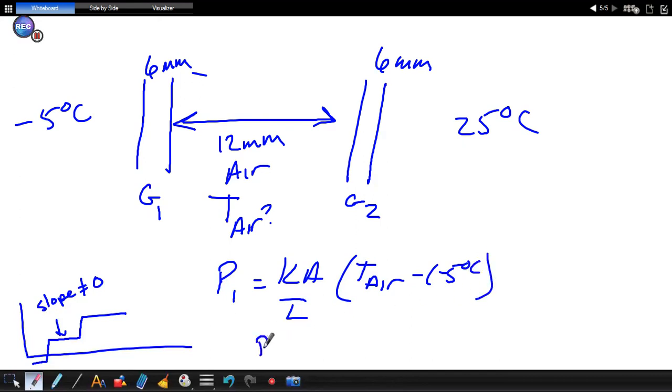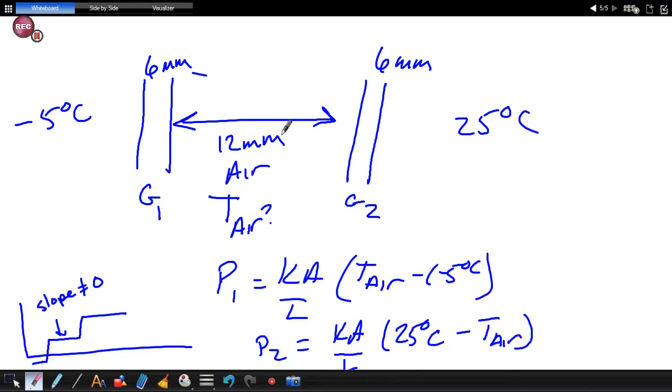And power 2 is KA over L times 25 degrees Celsius minus the air temperature. This is one of those cases where delta T is T hot minus T cold, really just absolute values, big number minus little number.